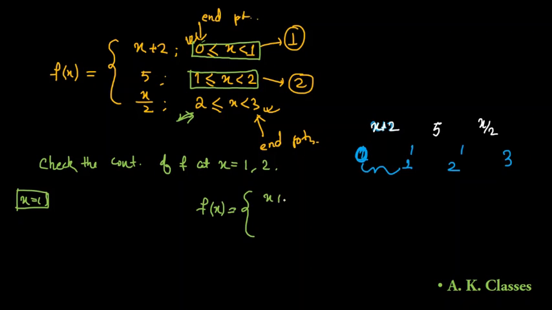Then f(x) equals to x plus 2 when x lies within 0 and 1 including 0, and f(x) equals to 5 when x lies within 1 and 2 including 1. Okay, why we have considered these two? Because only these two intervals contain the number 1. Okay, that's why we are considering this. Clear? Is this clear? Why we have considered these two?